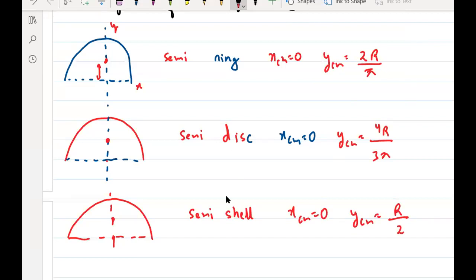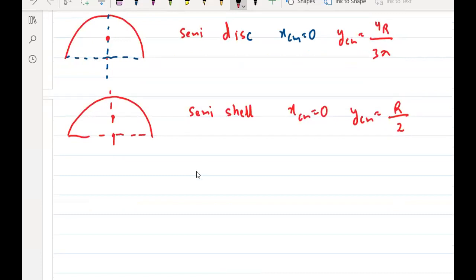Now, last is semicircular sphere. Right? Semicircular sphere. So I hope all of you know the difference between sphere and shell. Shell is hollow, sphere is solid. I can say solid sphere.